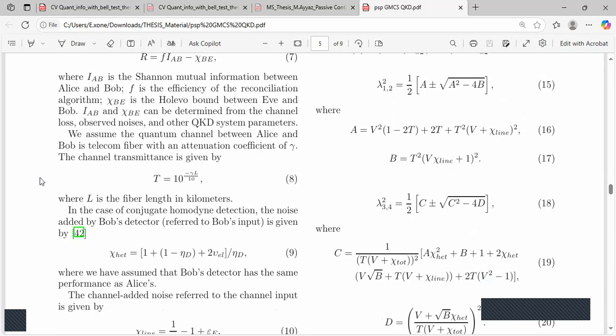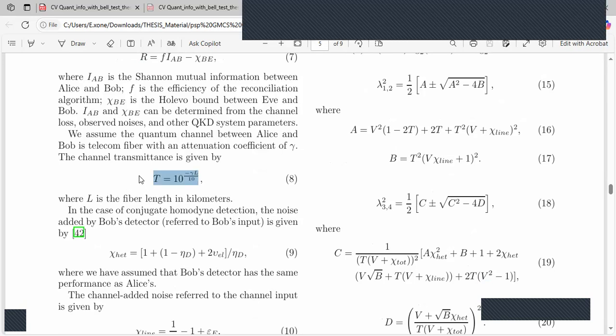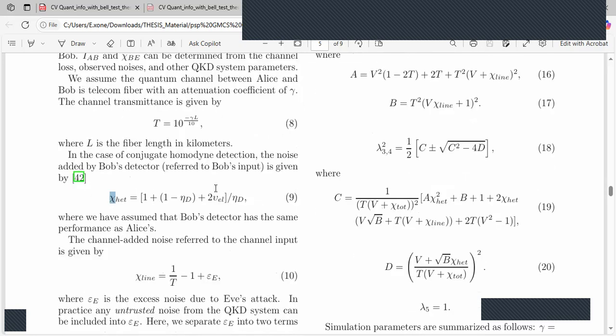The transmission is assumed to be that of a fiber optic channel, and it has constant attenuation. We also have the noise introduced by Bob's measurement on his side, which is the noise produced by the overall setup, the heterodyne detection setup, and this noise is also Gaussian.